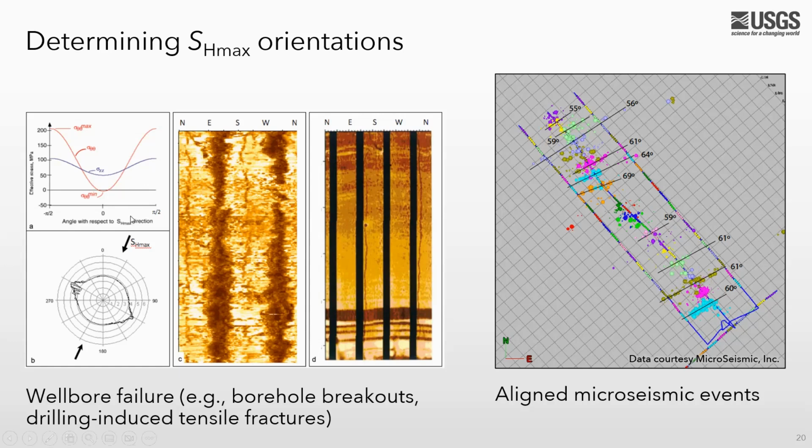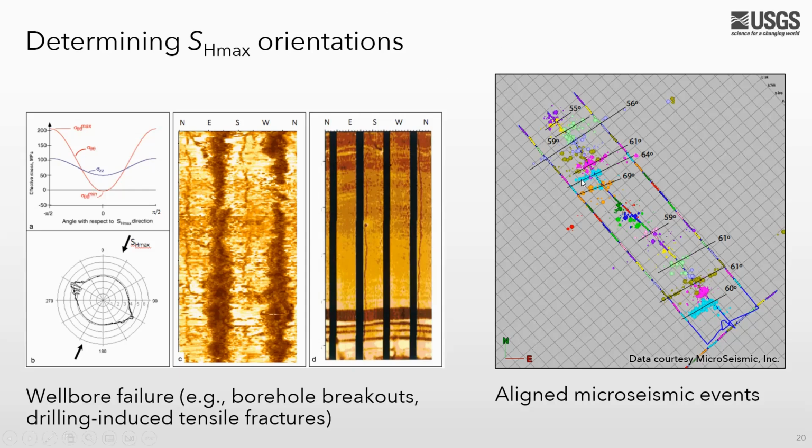This is an unwrapped view of a borehole image log for a subvertical well, and these fine lines are drilling-induced tensile fractures, which form parallel to SHmax, and the dark zones here are borehole breakouts, which form perpendicular to SHmax. You could have one, either, or neither of these in a given well or a given interval. If you have enough of these, they can tell you something very useful about the SHmax orientation.